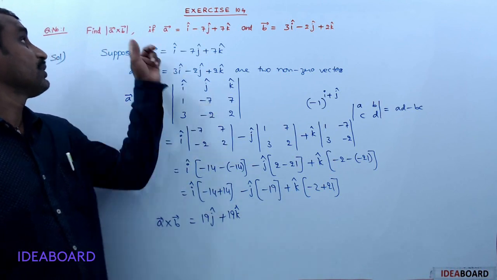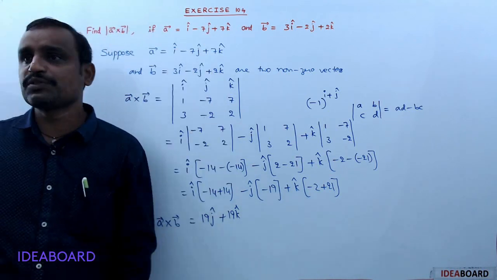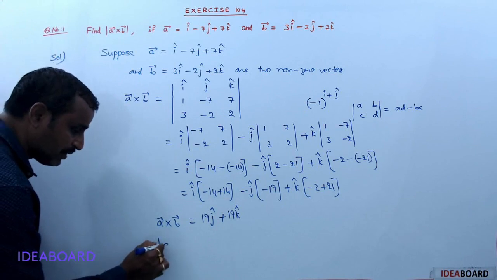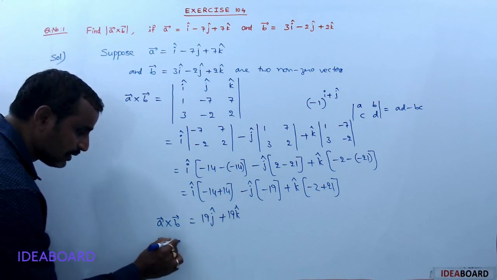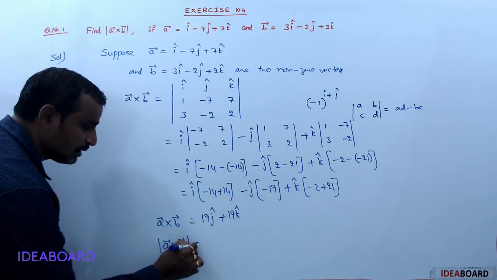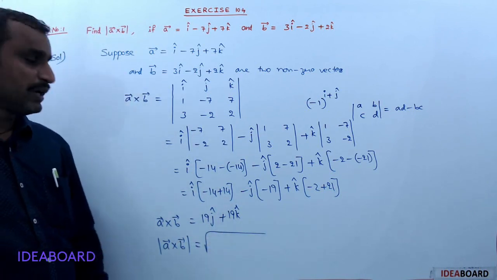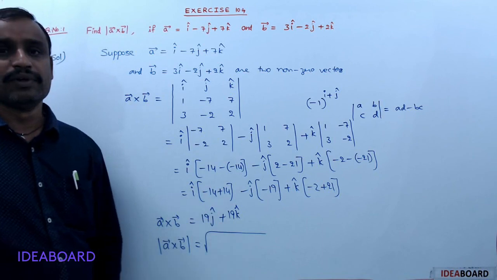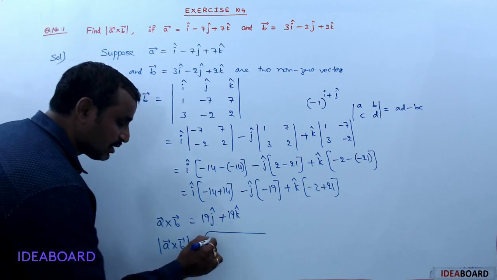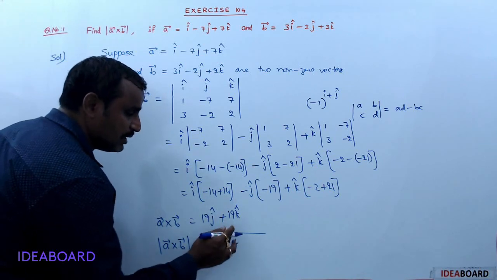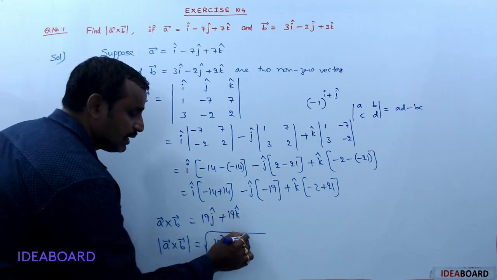Now we wanted to calculate the magnitude of A bar cross B bar. So the magnitude of A bar cross B bar, you know the formula. The length of the vector, how to calculate, you know. The scalar components, square them and add. So here the j coefficient is 19, 19 whole square, plus the k coefficient is 19, 19 whole square.